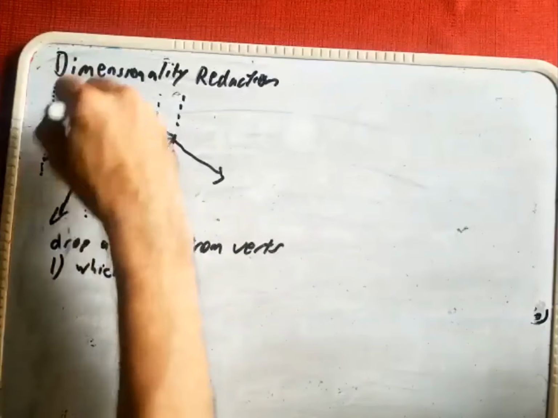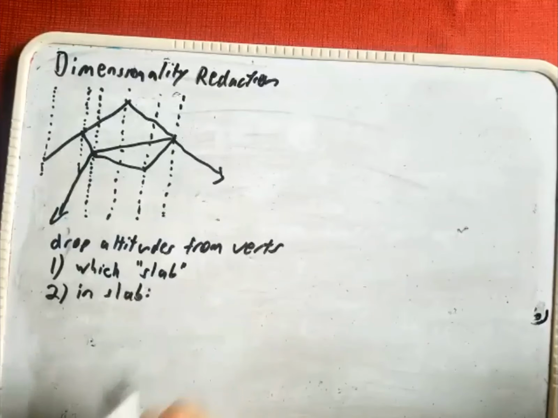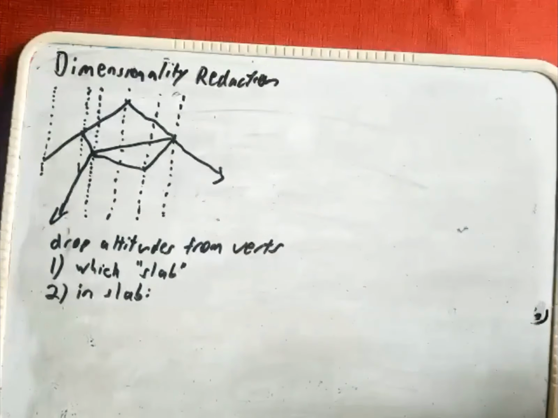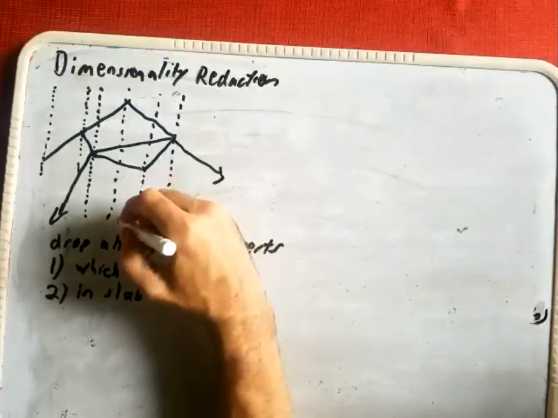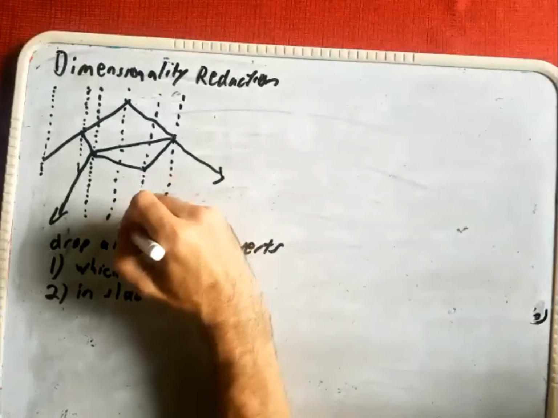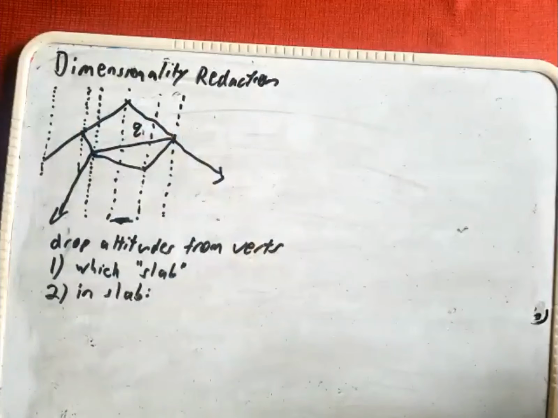Once I have figured out which slab I'm in, how can I figure out my location within the slab? If I have a query point in here, visually I can see where it is, but computationally, what sort of questions might I ask in order to decide which polygonal region the query point is in?